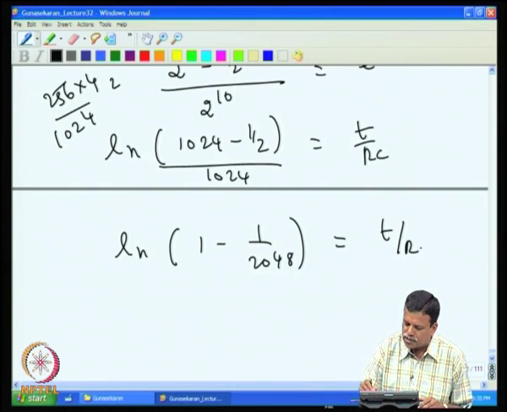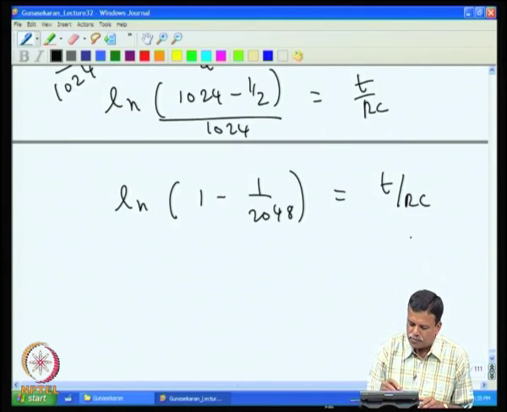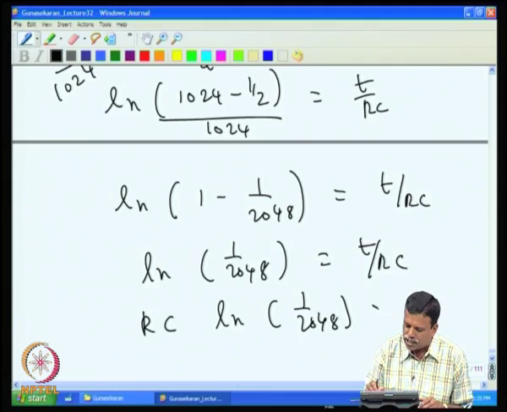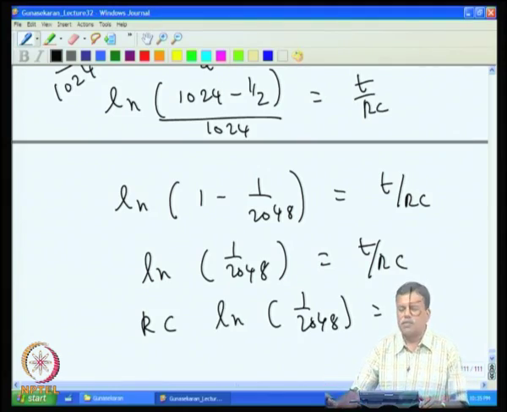So, ln 1 by 2048 equals t by RC. So, the time t can be determined. This is the time t that I have to wait so that it charges.